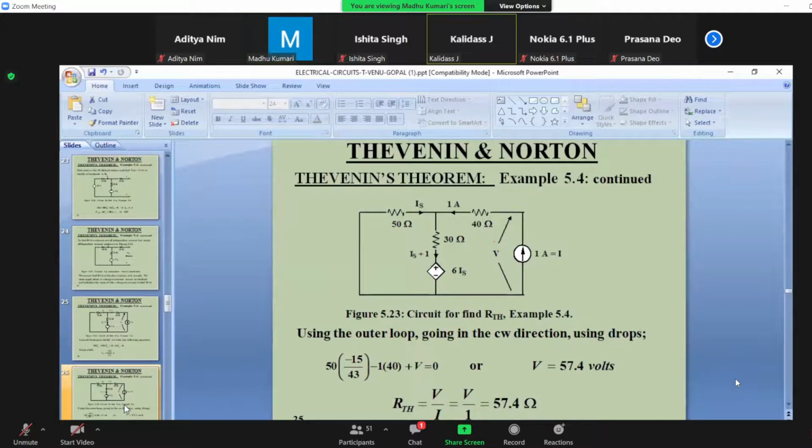Here, this is the 1 ampere source. It is producing 1 ampere current. And now at this point, 1 ampere, and here IS is coming. So in this 30 ohm, the current is IS plus 1. And this one is 6 IS. So you have to take the loop in this equation.